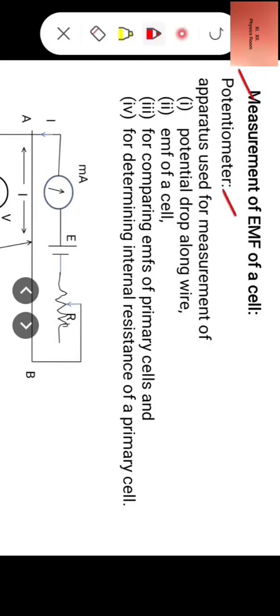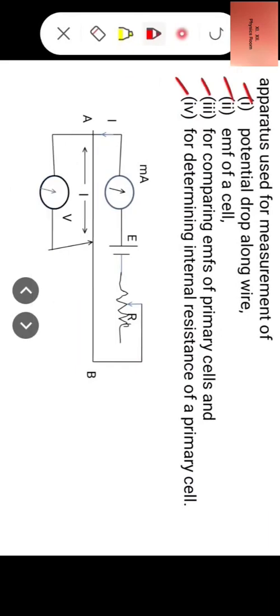Potentiometer is an apparatus used for measurement of number 1, potential drop along wire, number 2, EMF of a cell, number 3, for comparing EMFs of primary cells, and number 4, for determining internal resistance of a primary cell. Now here you look at the circuit diagram.